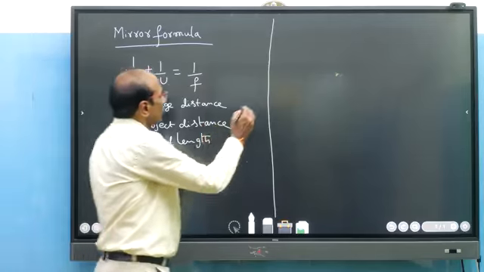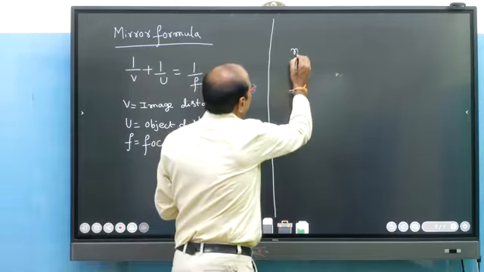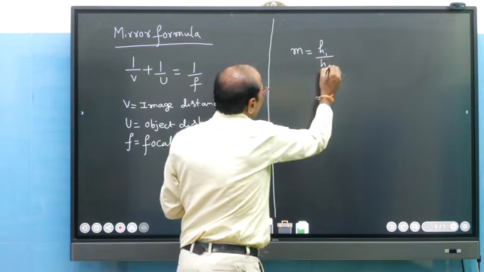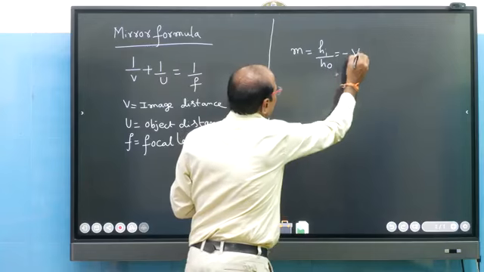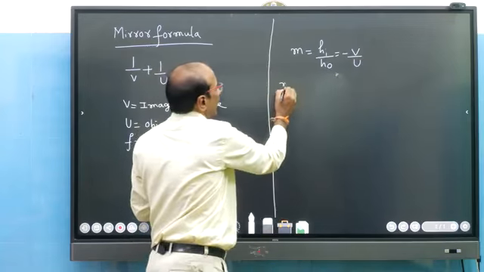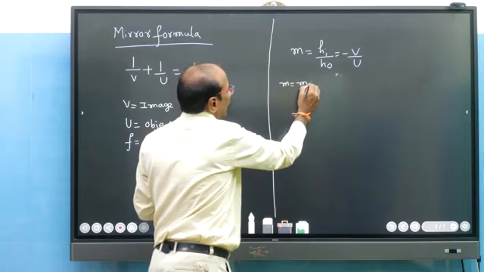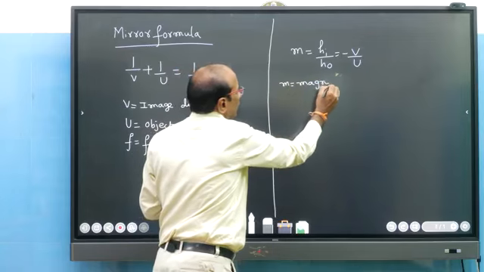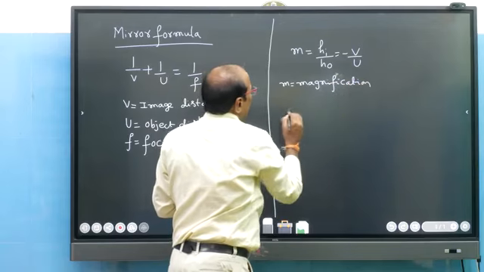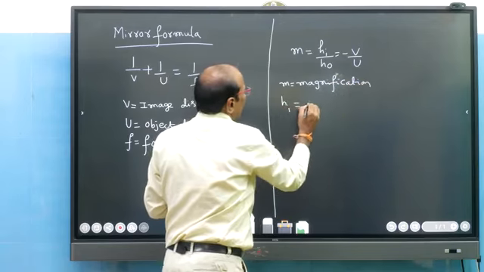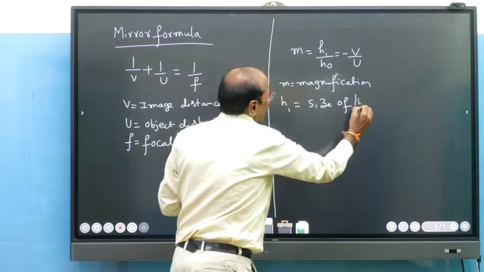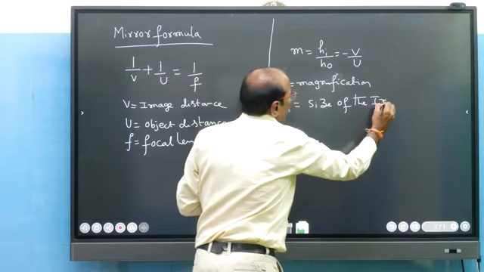Another formula we will use is magnification. Magnification M equals height of the image by height of the object, which equals minus V by U. M is called magnification. HI is the size of the image.